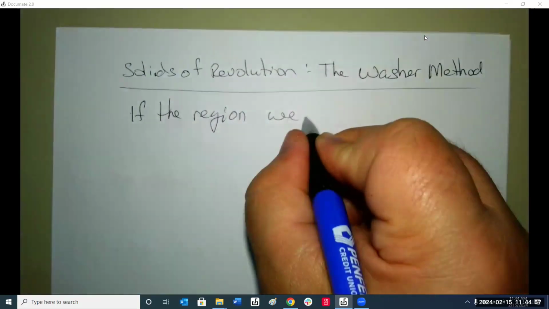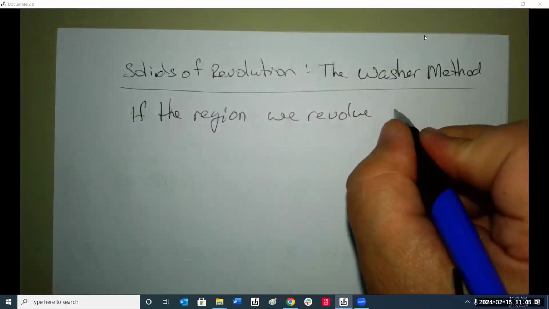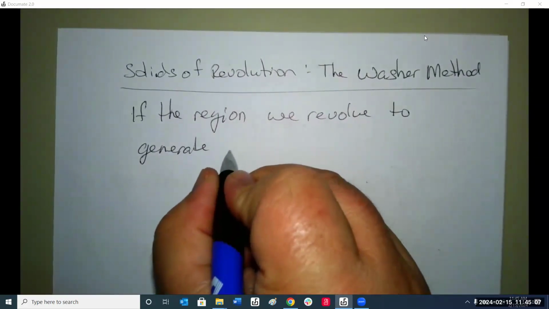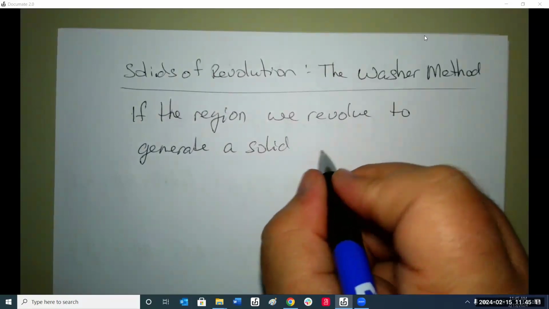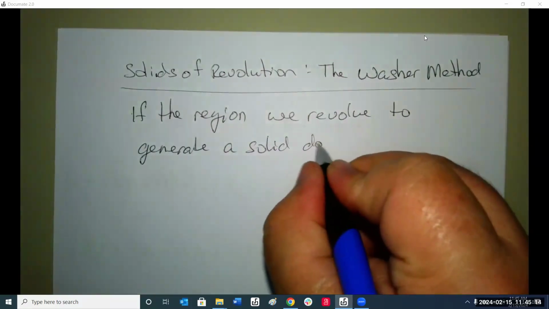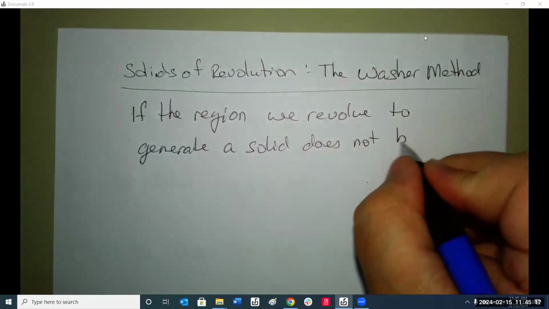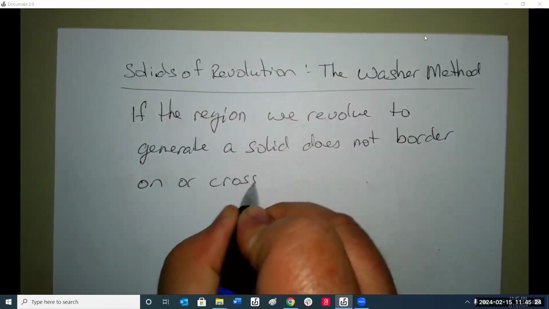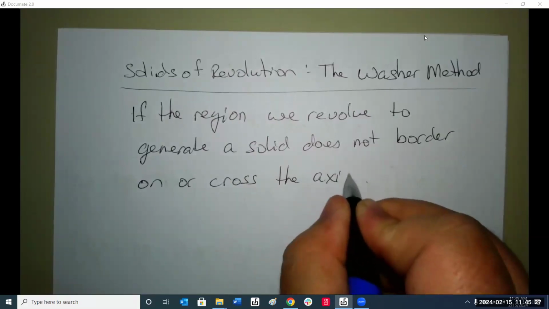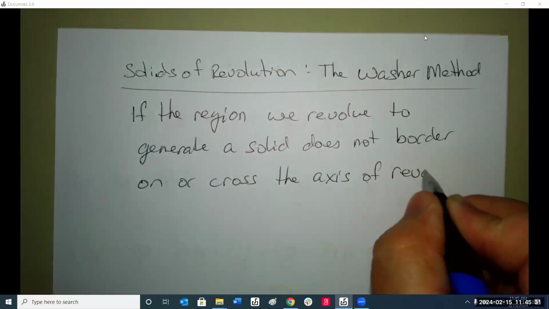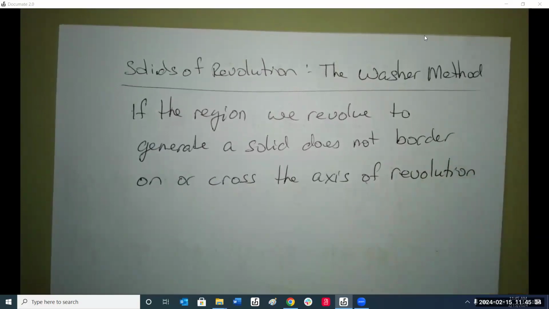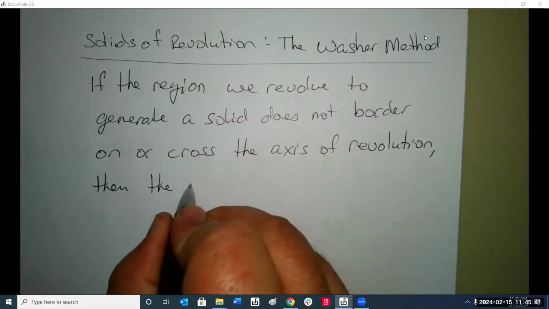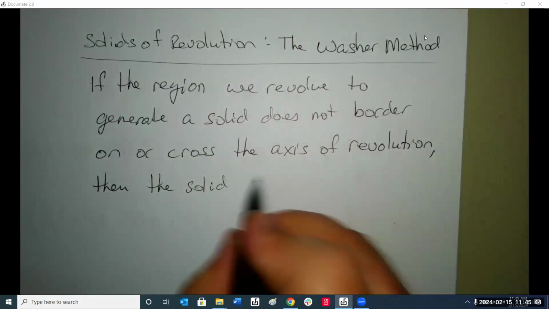If the region revolves to generate a solid, if this region does not border on or cross the axis of revolution, the solid has a hole in it.